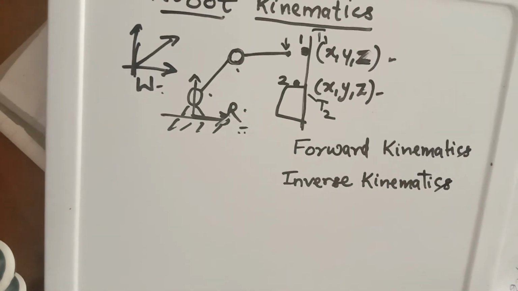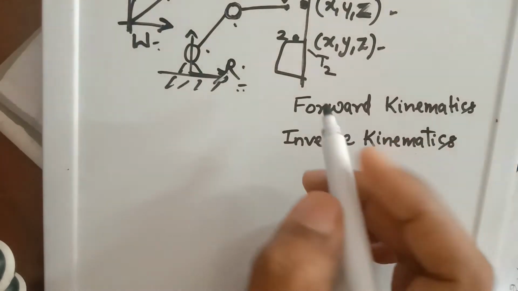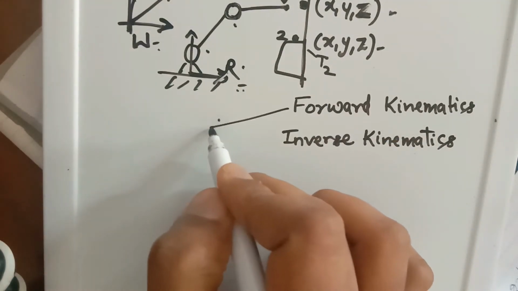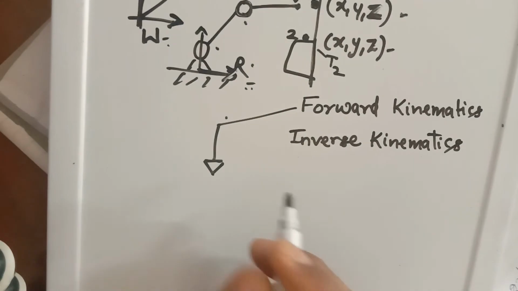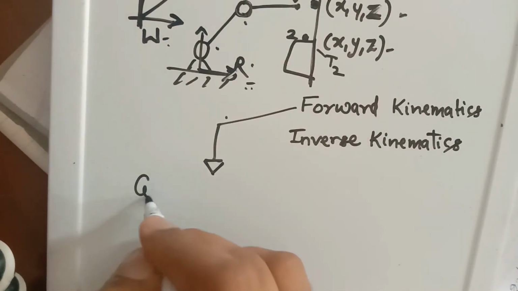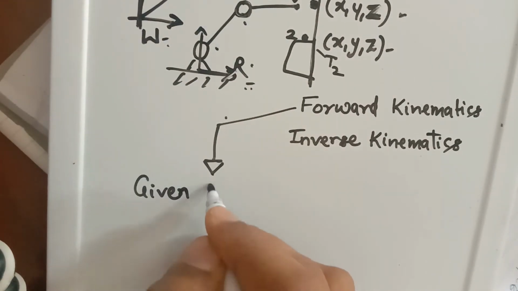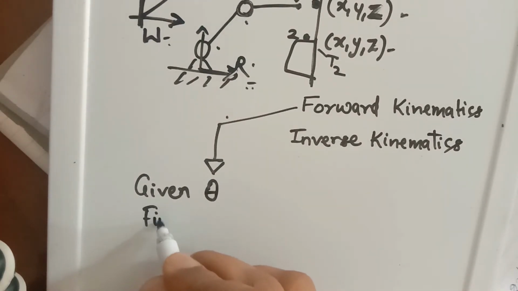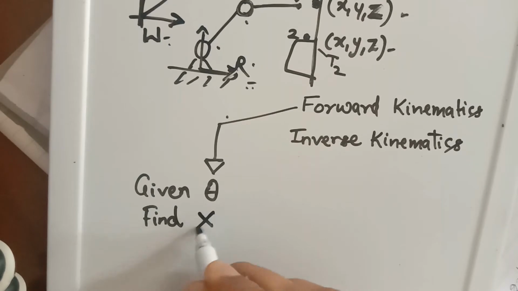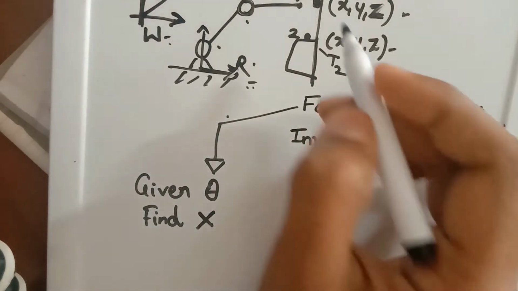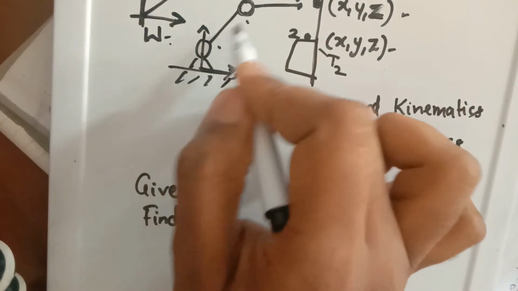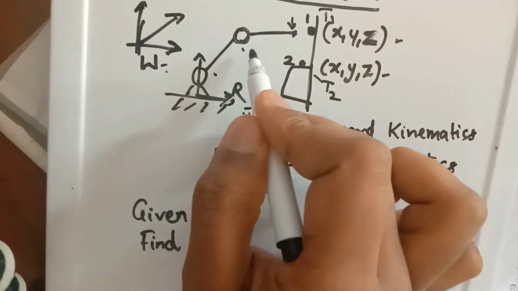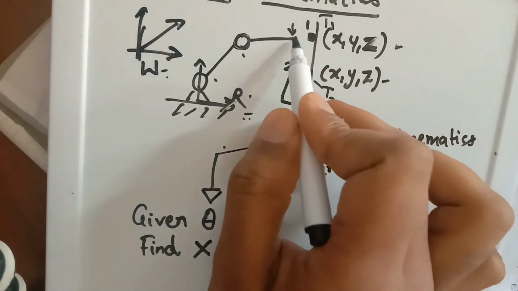So forward kinematics is asking the question, given theta or the joint angles, find x or the position of the tip. So if theta 1 and theta 2 are given for these joints, we have to find what is the position of the tip.